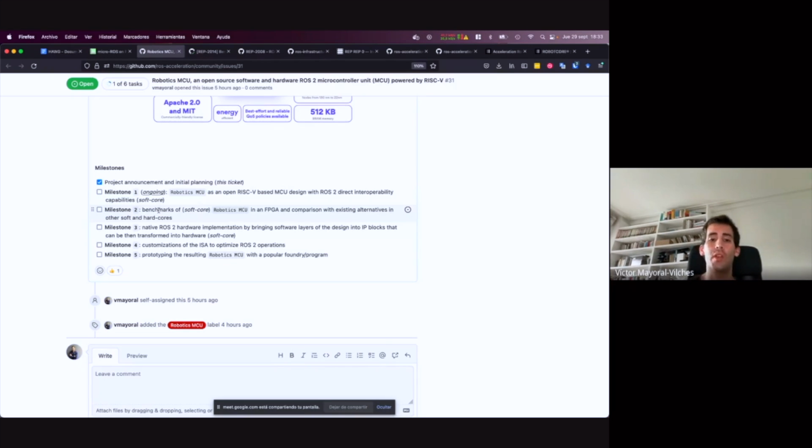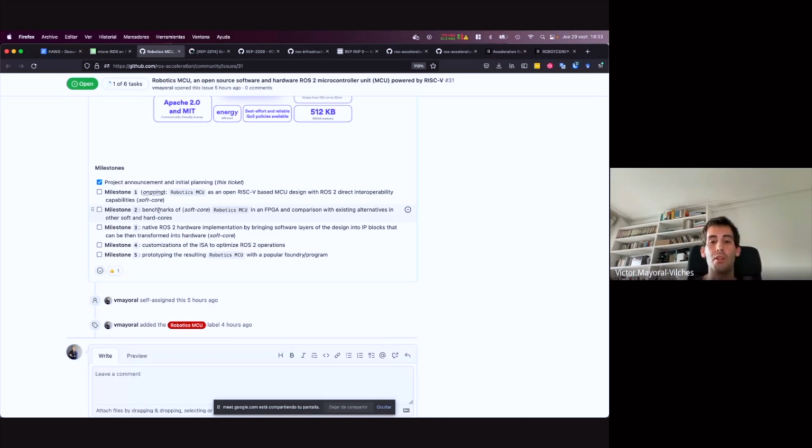Milestone 3, once we do achieve decent numbers, and we do have high expectations on that end, then that's going to be, let's say, only the first step. We want to go further. We do know that we can bring pieces of that RISC-V based stack that we will put together that achieves ROS2 direct interoperability.